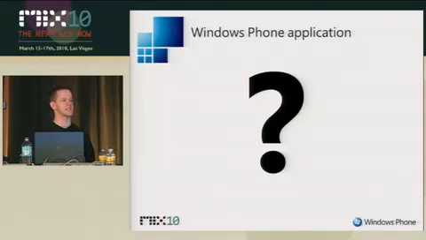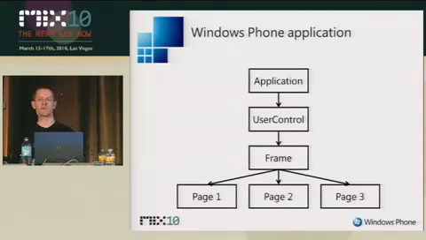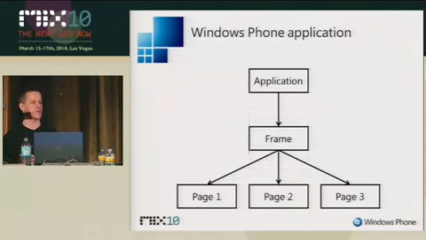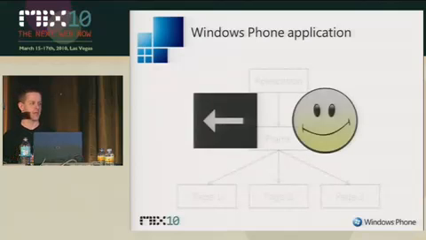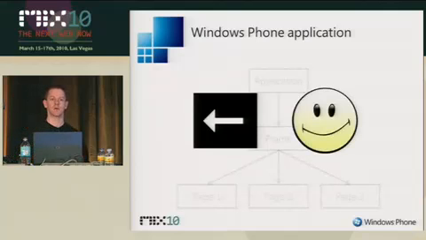Well, we really liked the navigation system from Silverlight 3, but we realized there's really no reason for that user control in the middle. So our structure for a Windows Phone application is really simple. We have an application, it has a frame as its visual root, and inside that frame, we navigate between different pages. And you've all seen there's a hardware back key on our phones. When the user hits it, they're very happy, because the app does exactly what they expect.